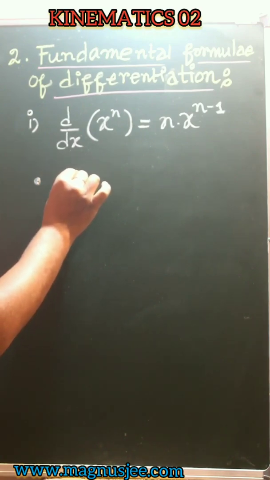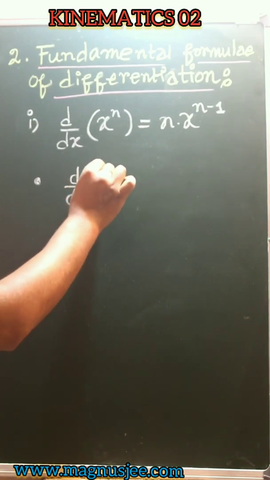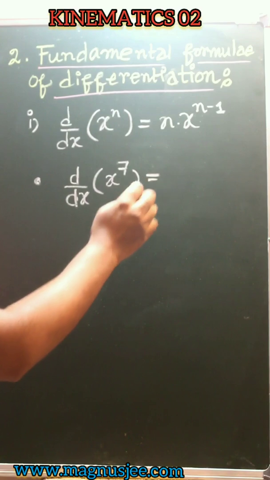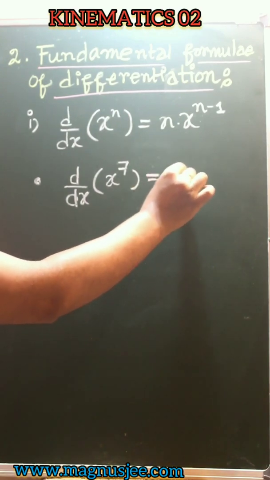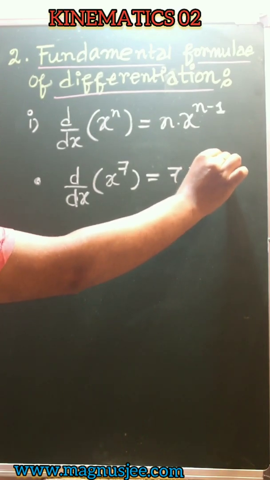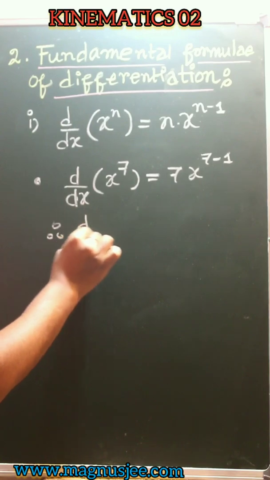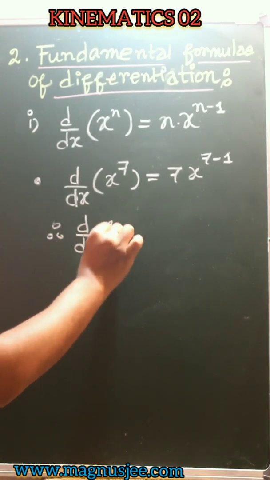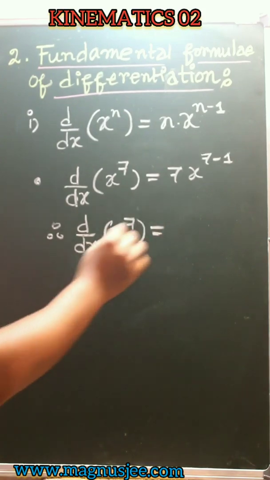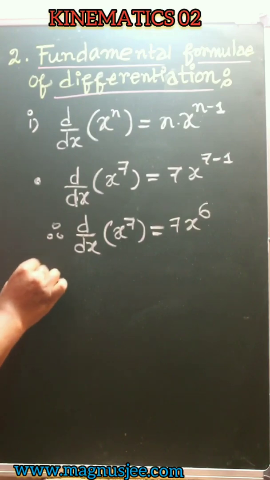And application of this formula is, if we do derivative of x to the power 7, it equals 7 x to the power 7 minus 1, using the same formula. Hence we can write ddx of x to the power 7 is equal to 7x to the power 6.